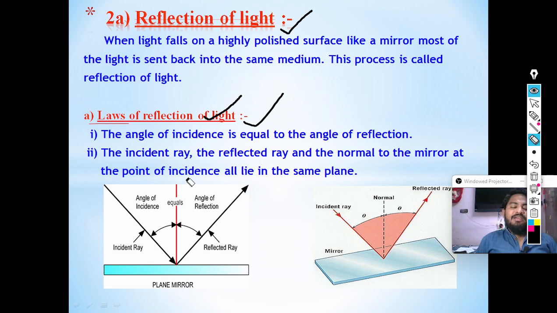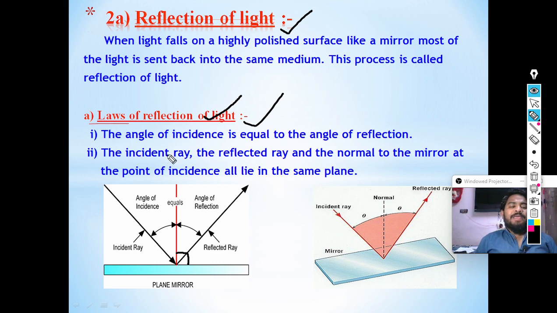What is the normal? The normal is an imaginary line which we draw perpendicular to the surface, and which helps us to address the incident ray and the reflected ray. So the first law of reflection is the angle of incidence is equal to the angle of reflection. Clear? Right? So next, let's go into the second one.